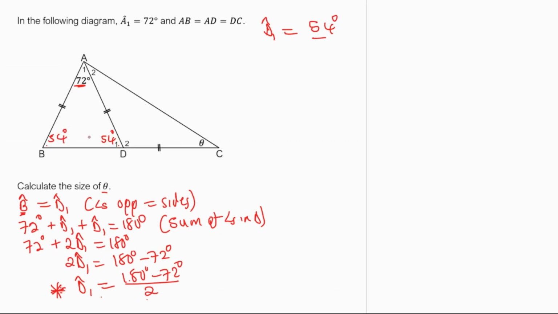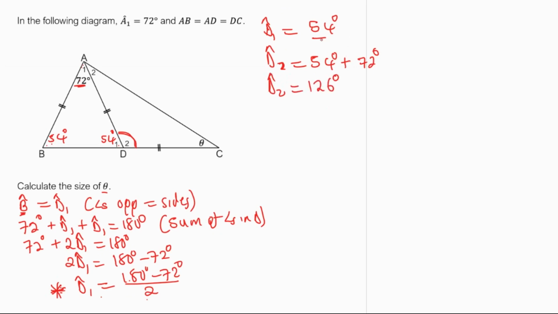Now, with angle A1 and angle B, we can find angle D2, exterior angle of a triangle. So angle D2 is equal to 54 degrees from angle B plus 72 degrees from angle A1. So angle D2 is equal to 126 degrees.